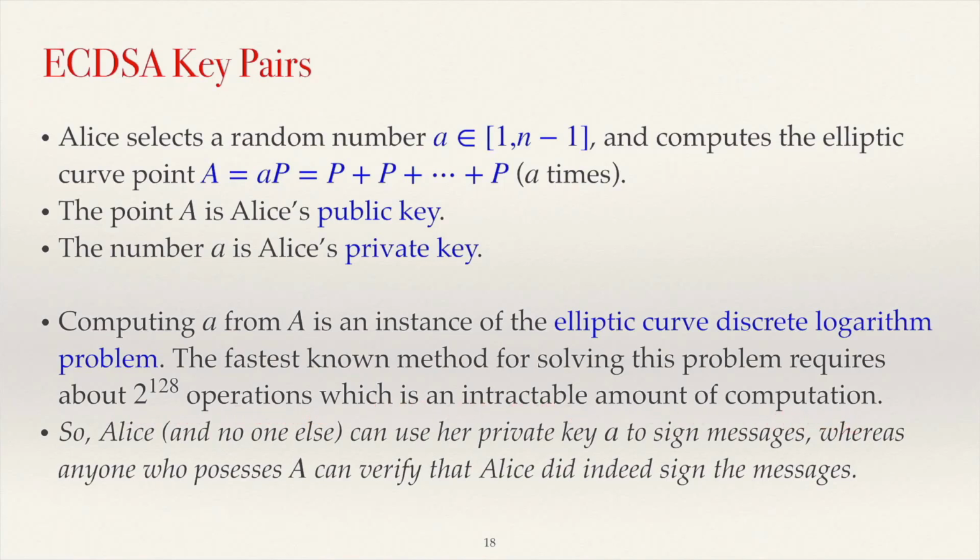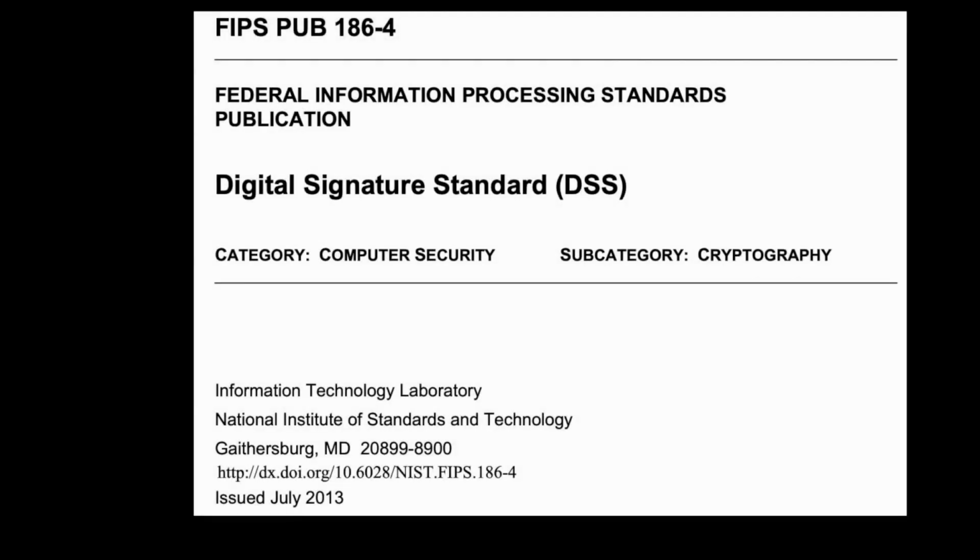And so, given Alice's public key, no one else is able to compute the private key from that public key. And so Alice and no one else can use the private key little a to sign messages, whereas anyone who possesses Alice's public key capital A can verify the authenticity of these signed messages. I won't describe the ECDSA signature algorithm and verification algorithm in these lectures. The details aren't important to us.